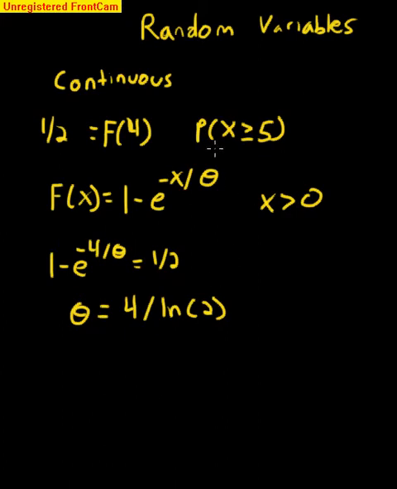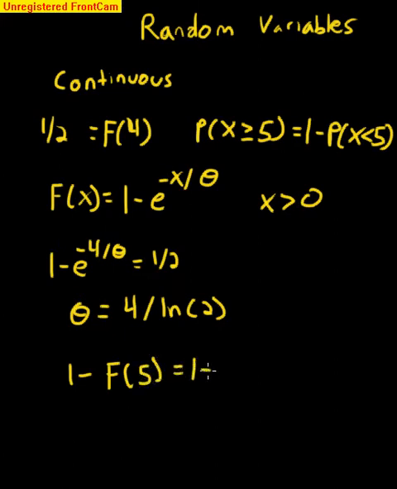So, how do we get this? The probability that it will last at least 5 hours is equal to 1 minus the probability that it's less than 5 hours. So all we have to do is 1 minus our CDF at 5.